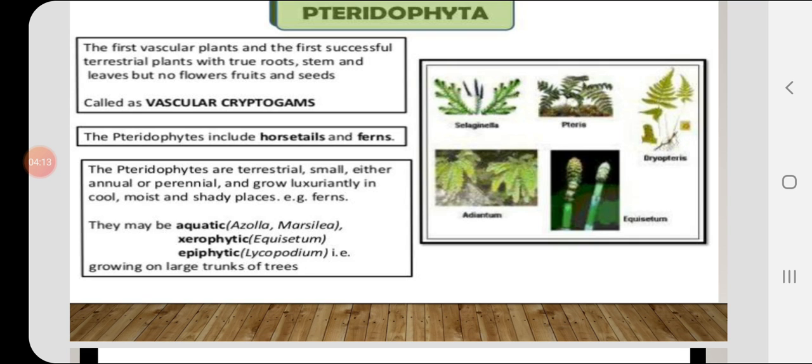Some of the pteridophytes may be xerophytic. Xerophytic means the plants that grow in desert areas. Example for such type is Equisetum. And some of the pteridophytes may be epiphytic. Epiphytic means the plants that grow on other plants. An example for this is Lycopodium, growing on the large trunks of trees.